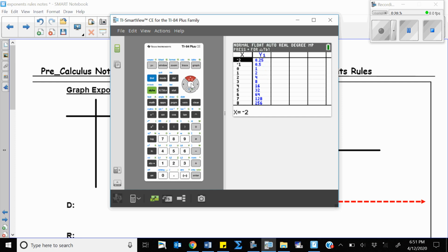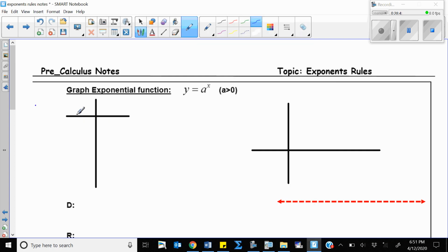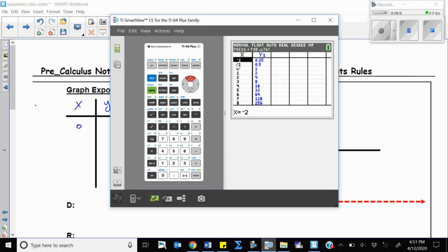If x is 0, that means I have a to the power of 0. The base is 2 here. Let's consider this is my x and this is y, which is 2 to the power of x. If x is 0, y will be 1.